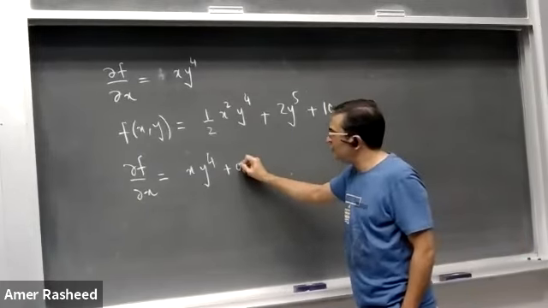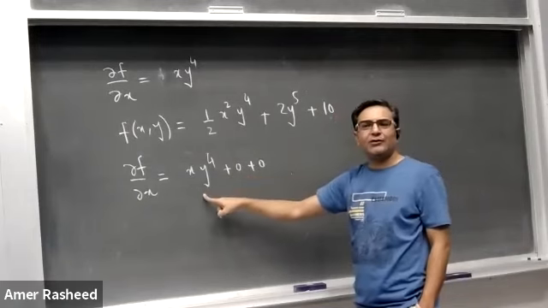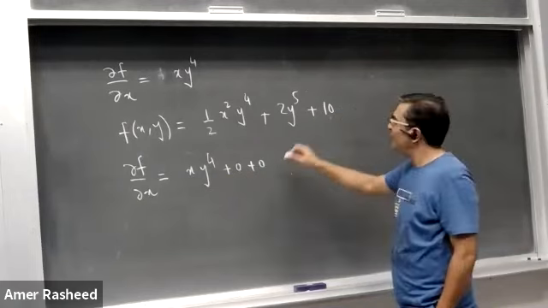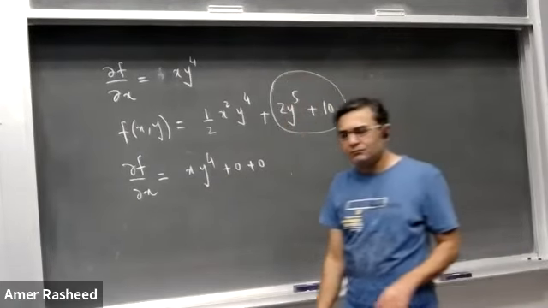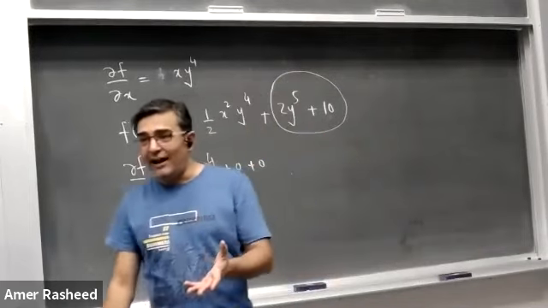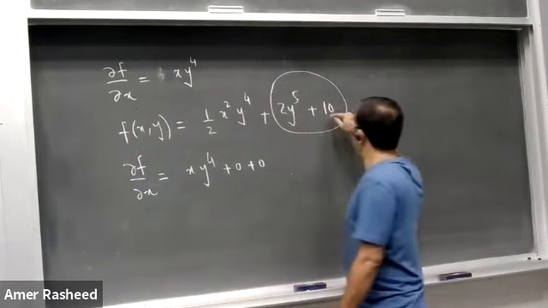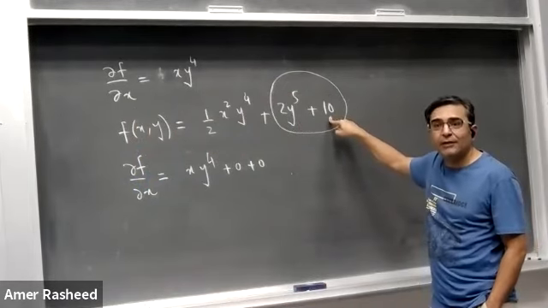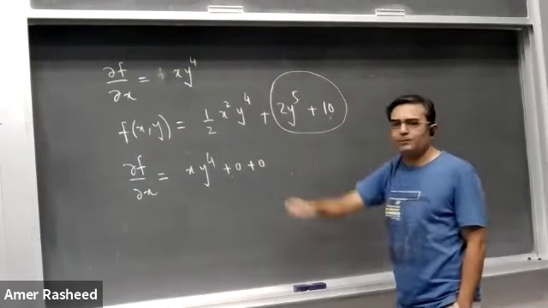So 0 plus 0, if this is your function, its partial derivative with respect to x will be the same. Now, whatever you have here, a function of y, that might also contain a constant term as well. So this whole term will become 0.